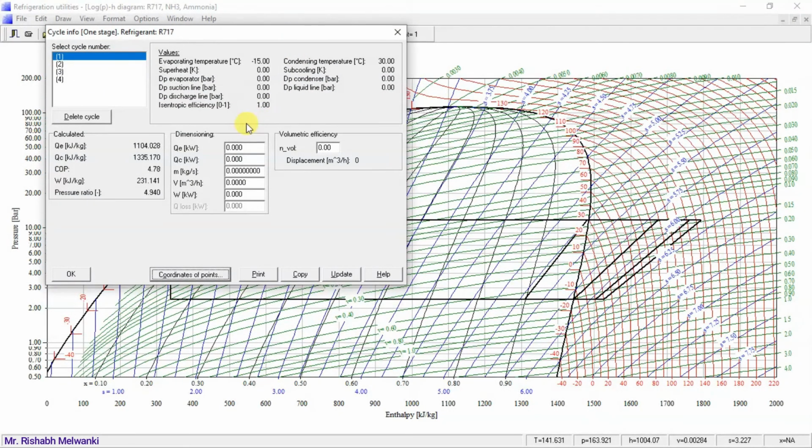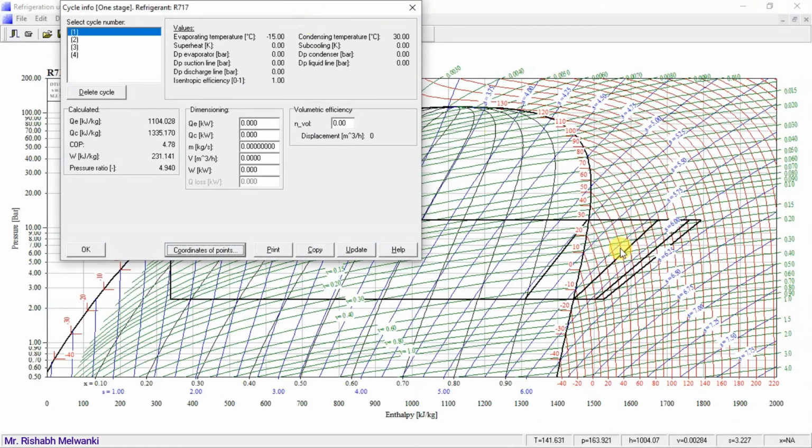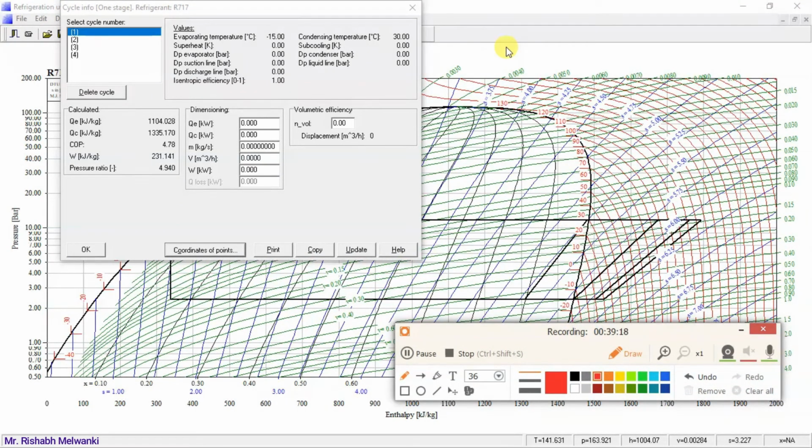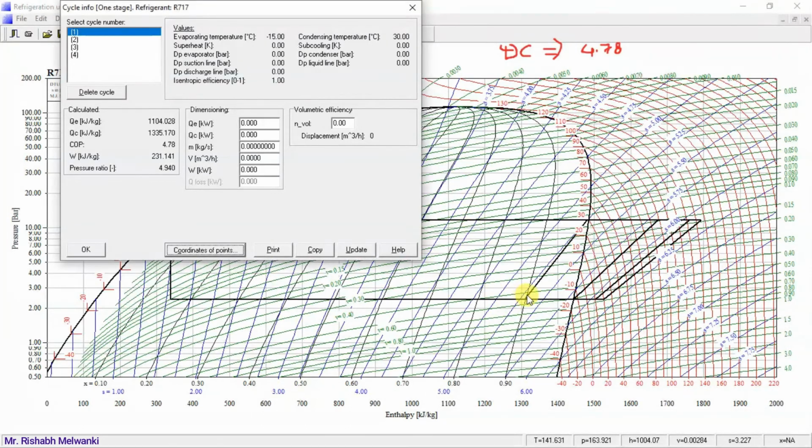Now closely observe the COP. For the first cycle, which is having dry compression, what is the COP? 4.78. Now I'll note the COP on the screen. For dry compression, the COP is 4.78. The second cycle which I had shown was having wet compression. Observe the COP.